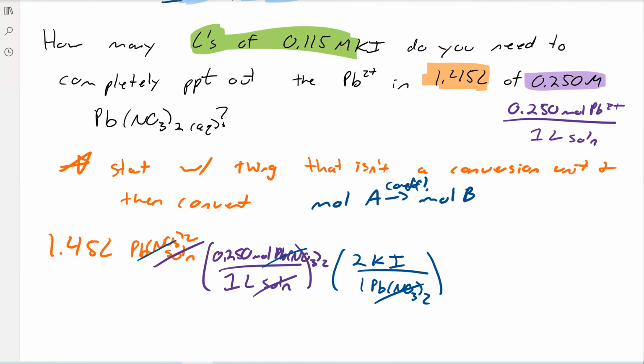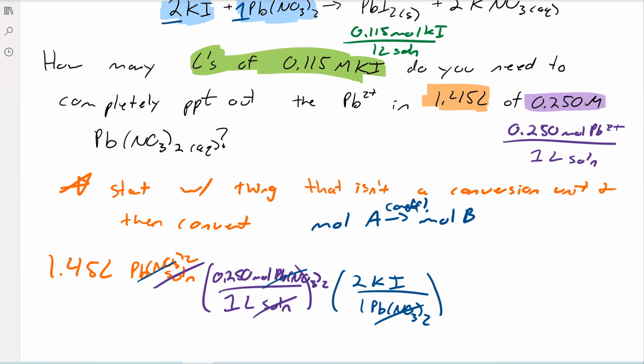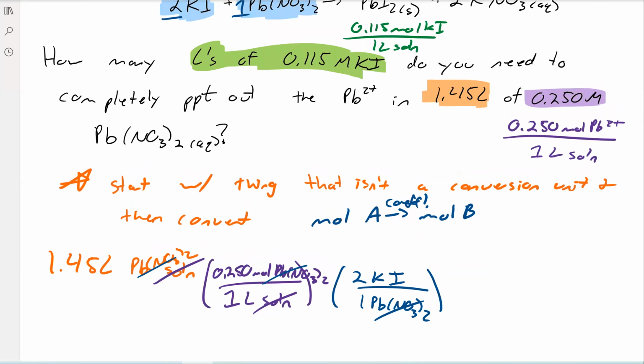And what we're given is the concentration of the KI in terms of molarity. So we can think about that as 0.115 moles of KI over 1 liter of solution. And that's perfect. That's exactly where we want to go. We have moles of KI, we want to get to liters of solution.